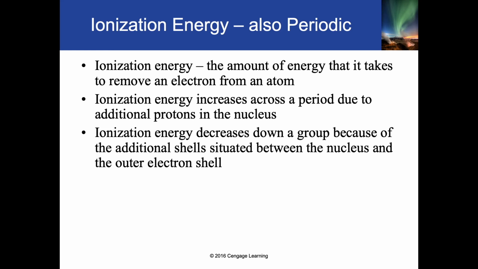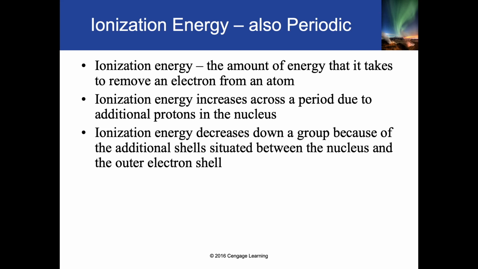Ionization energy increases across the period due to additional protons in the nucleus, but ionization energy decreases when you go down a group because the additional shells are situated between the nucleus and the outer electron shell. So the bigger the atom as you go down the periodic table, the less ionization energy is required to remove an electron, which makes sense because the electrons are further away from the nucleus, so they're easily picked off.